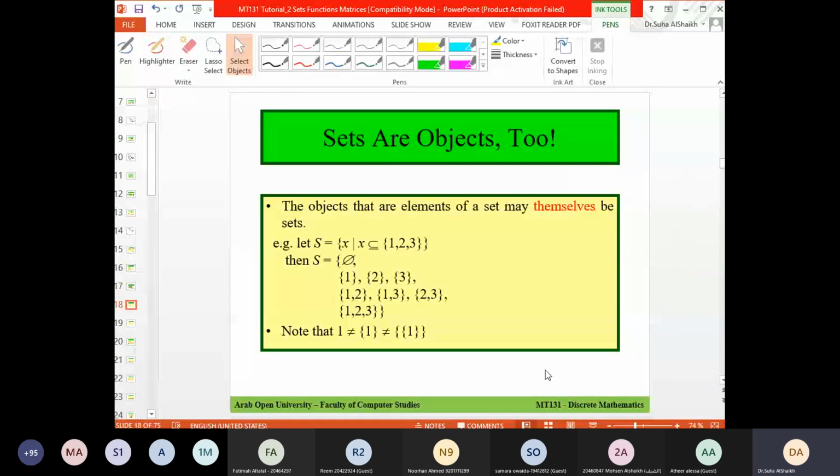Okay? Now, sets are objects too. The sets, as I mentioned before, can themselves be a part of another set.